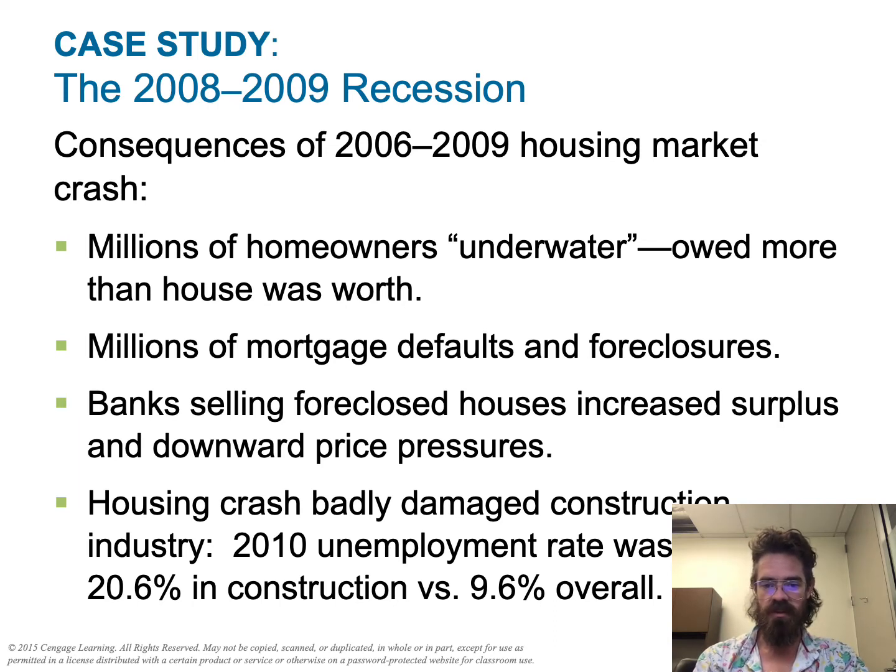A lot of people in the construction industry lost their jobs, and this had a ripple effect into the rest of the economy. In fact, the unemployment rate in the construction industry was as high as almost 21%, versus almost 10% overall, right? The whole economy was experiencing unemployment of about 10%, but if you focused in on the construction industry, it was almost double that.